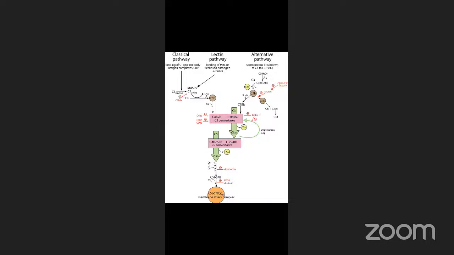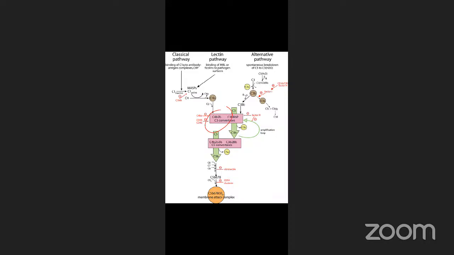After the cleaving of C4 and C2, C4 subunit b and C2 subunit a bind together and act as an enzyme. Whenever these subunits interact with each other, they act as an enzyme, that is convertase.